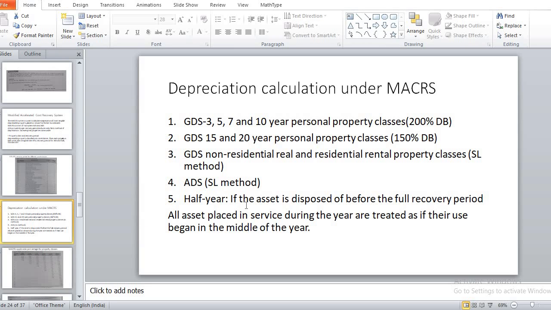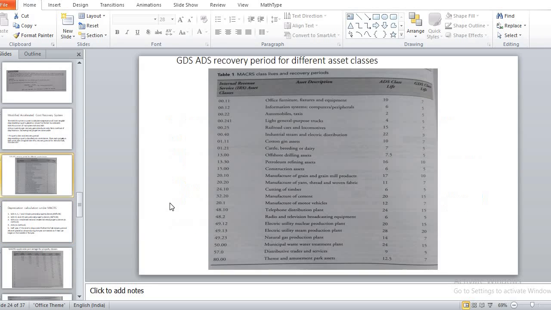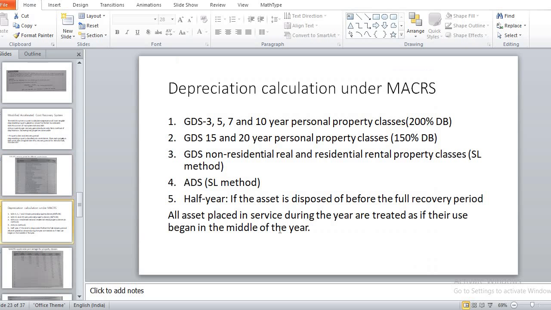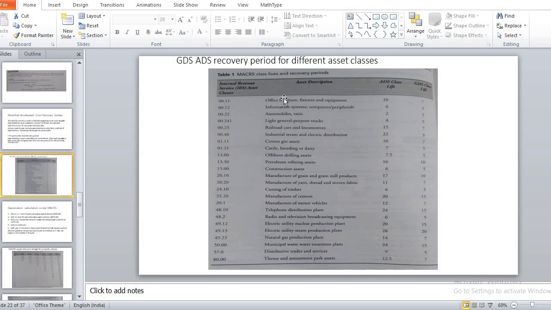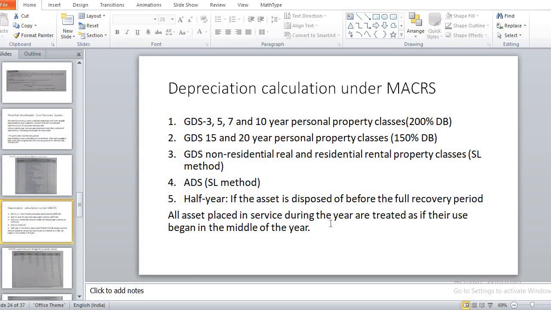Now the half year convention applies if the asset is disposed of before its full recovery period. Suppose this is a recovery period of 7 years, and before 7 years this property is disposed of.